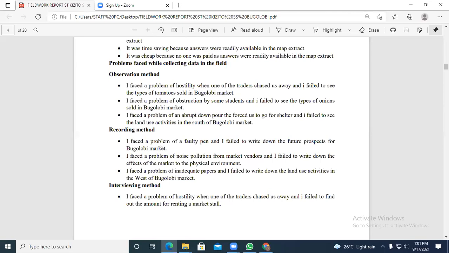Under the recording method, you can face a problem of faulty tools, like a pen, like a recorder. Faulty pen, you reach there, you want to write, it cannot, and then you fail to collect data. You can face a problem of noise pollution.